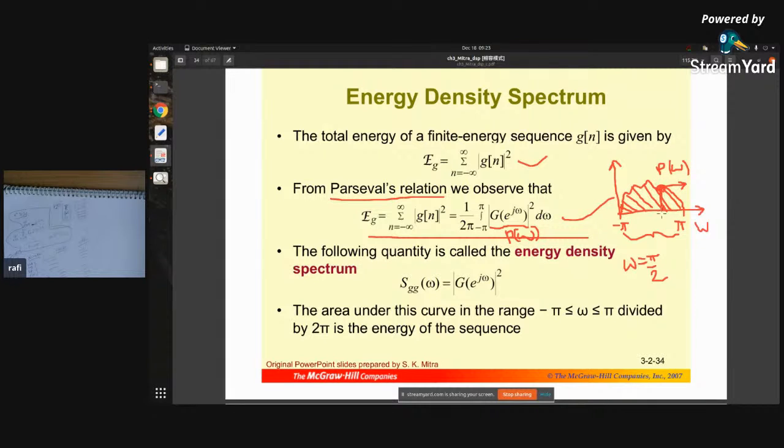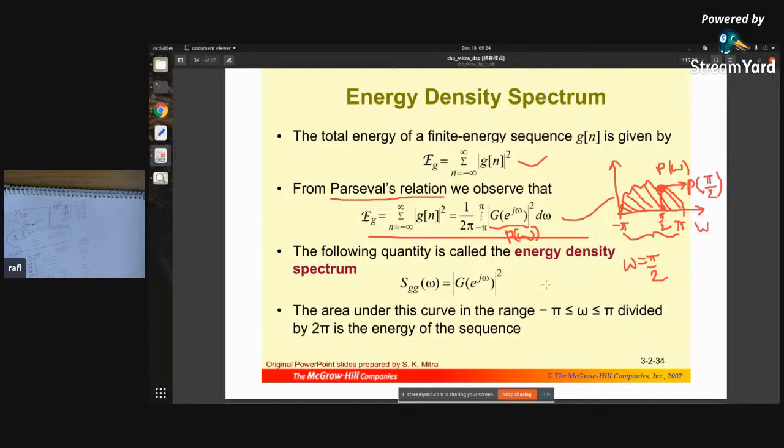So when you take only one particular frequency, pi by 2 or some omega naught, it has some p of pi by 2 value. That means this frequency pi by 2 is contributing this much magnitude in the entire spectrum.